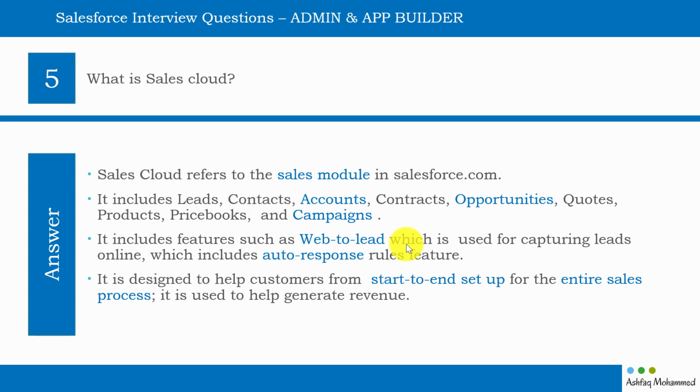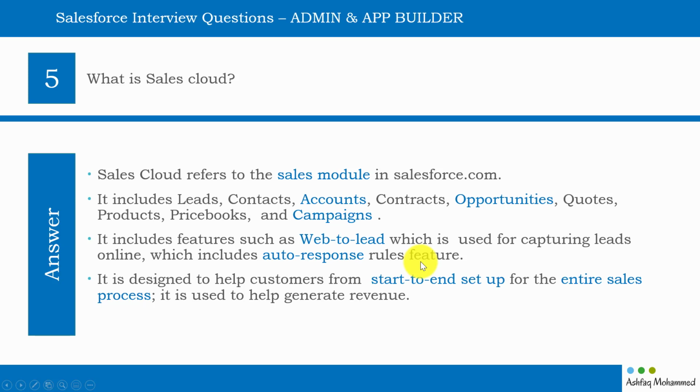So on the website, you enter your name, your email address, your phone number, and you give some message that I'm looking for so and so product. That is one of the features in Salesforce: if you enter it on their website, automatically it becomes a lead in Salesforce. It is used for capturing leads online, and includes auto response rules, features, etc.